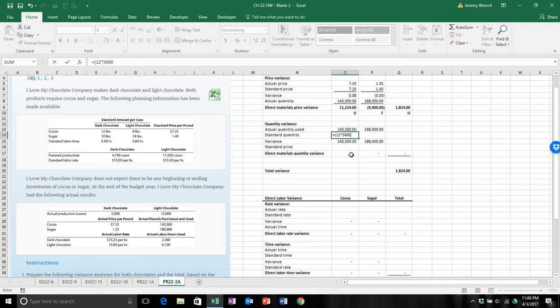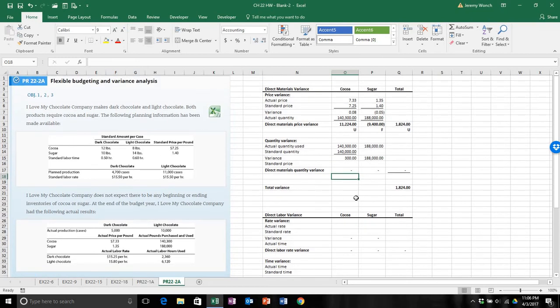So that's going to be 12 times 5,000, and then for the light chocolate, there was 8 pounds times 10,000. So the standard quantity for the cocoa was 140,000.